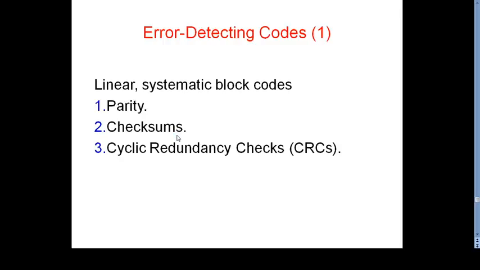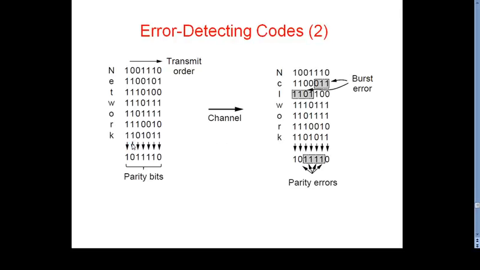Then we go to the error detecting codes. All the previous codes we have seen are error correcting codes. So what are error detecting codes? Parity bits and checksum bits, implemented in systematic linear block codes, and cyclic redundancy check. One example is on the basis of parity.